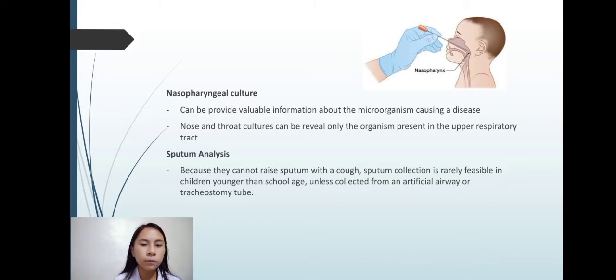Sputum analysis, because young children cannot produce sputum with a cough. Sputum collection is really feasible only in children older than school age, unless collected from an artificial airway or tracheostomy tube.